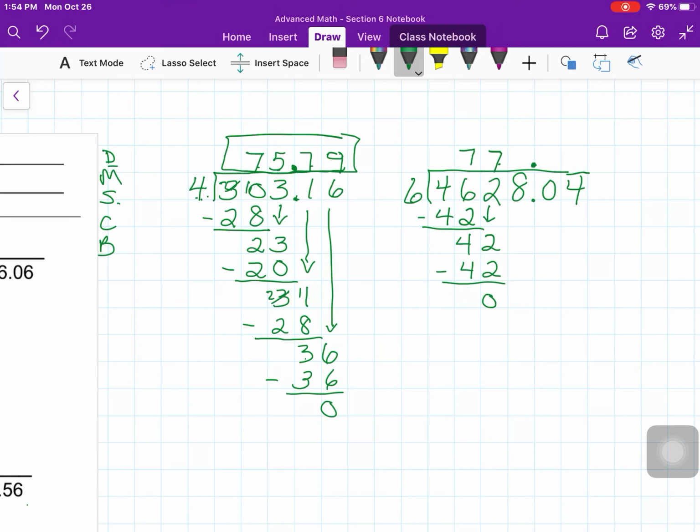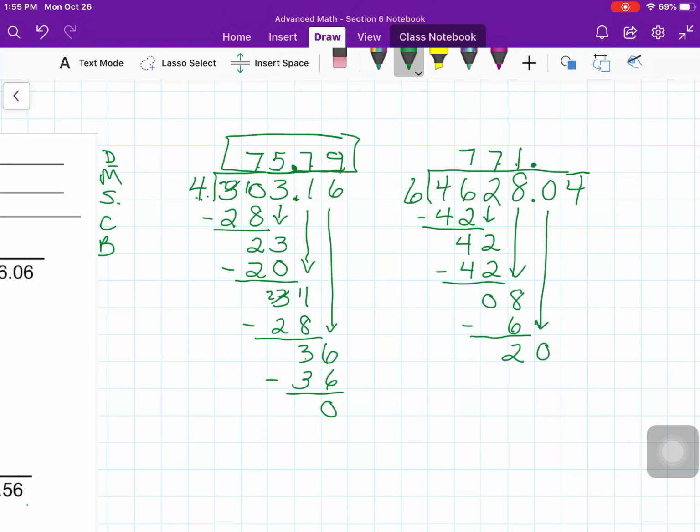We subtract and get 0. We check to make sure 0 is smaller than 6. We bring down that 8, and 6 goes into 8 one time. 1 times 6 is 6. We subtract, and 8 minus 6 is 2. Check to make sure 2 is smaller than 6.